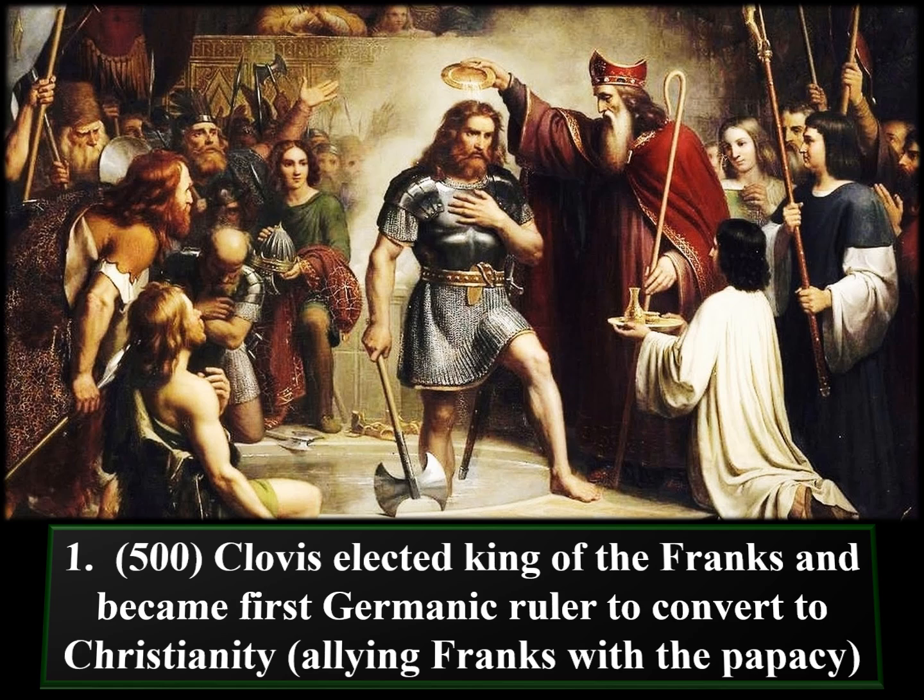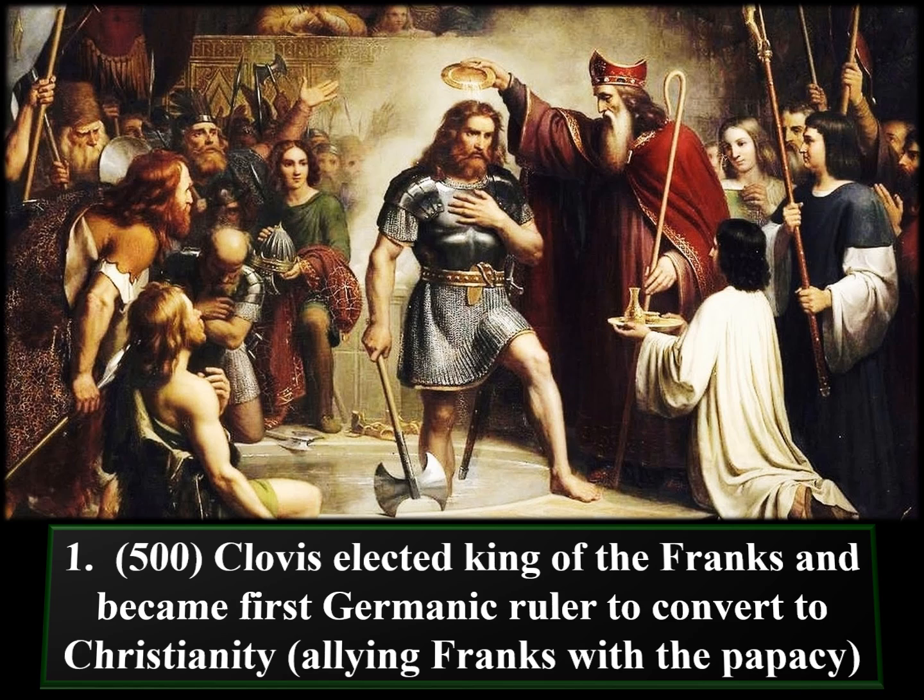They were Christian. Remember, Rome had converted to Christianity. Christianity had become the official religion of Rome about 100 or so years before this. So these Franks, as they come in and they are ruling over these former Romans, they adopt a lot of the Roman ways, including Christianity.